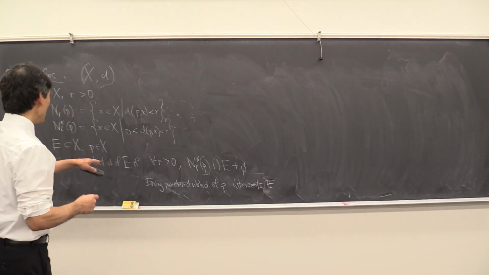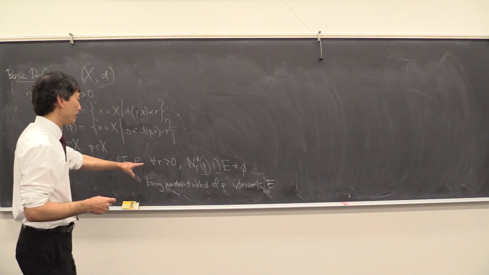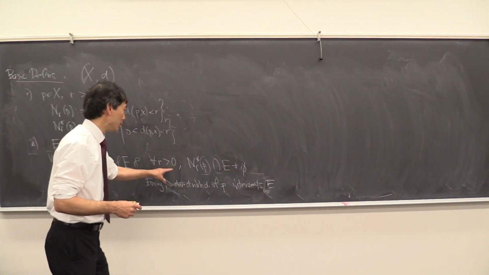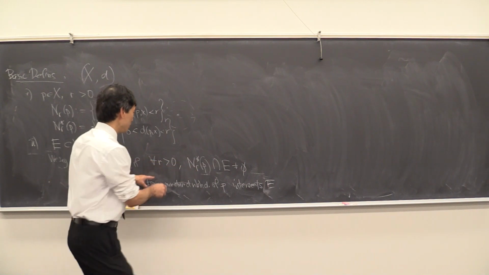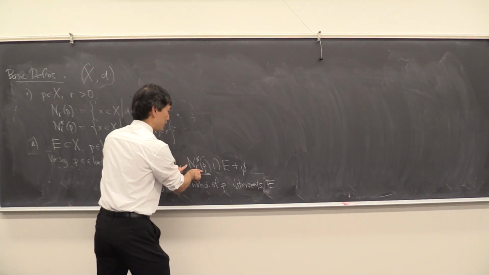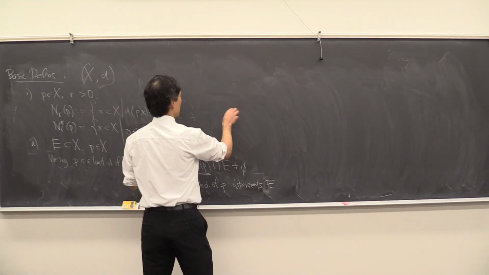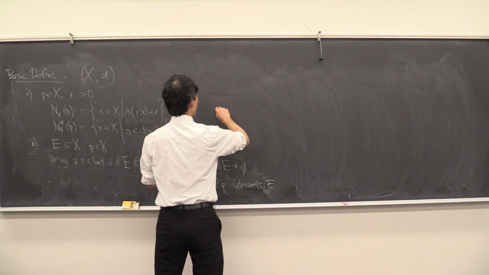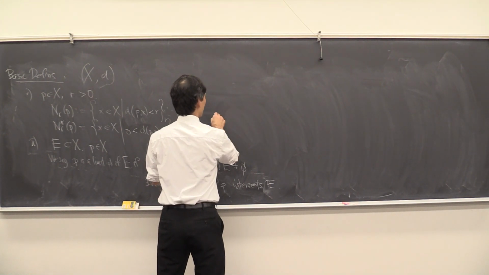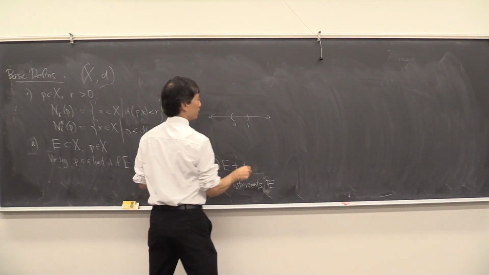So, P is the limit point of E if no matter what neighborhood you take, for all neighborhoods, for all radii, every punctured neighborhood intersects E, right? So kind of the standard picture is you have, let's say that we're in R1 and we have 0, 1.